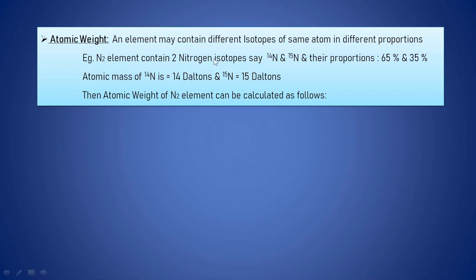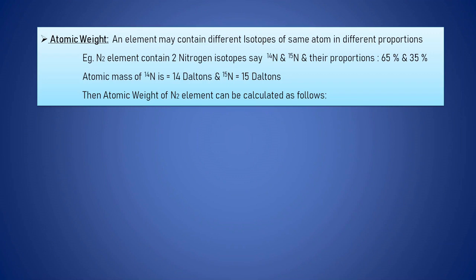Nitrogen contains two nitrogen isotopes, for example N14 and N15. So elements may contain the same isotopes or different isotopes, for example N2 may contain both N14 and N14, or sometimes N14 and N15, and their proportions are also different. So atomic weight is calculated based on isotope composition.